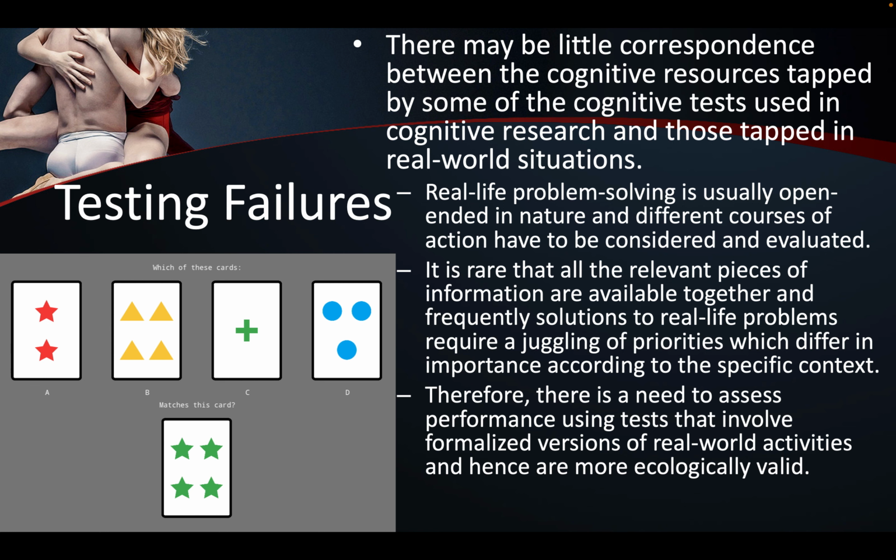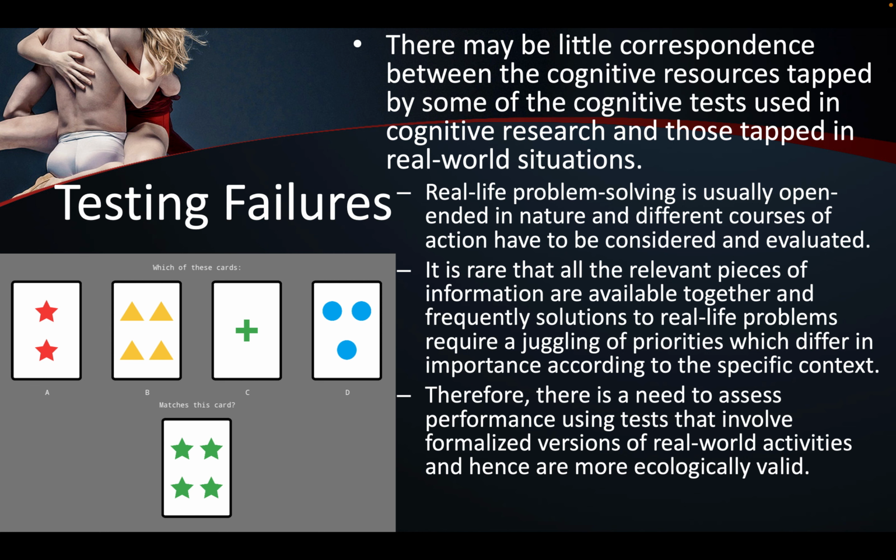Real life problem solving is usually open-ended in nature, and different courses of action have to be considered and evaluated. It is rare that all the relevant pieces of information are available together, and frequently solutions to real life problems require a juggling of priorities which differ in importance according to the specific context.